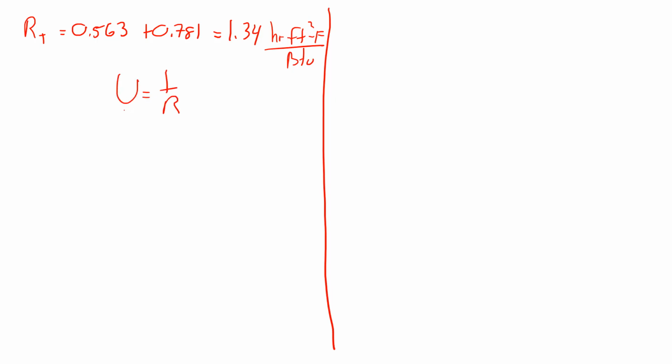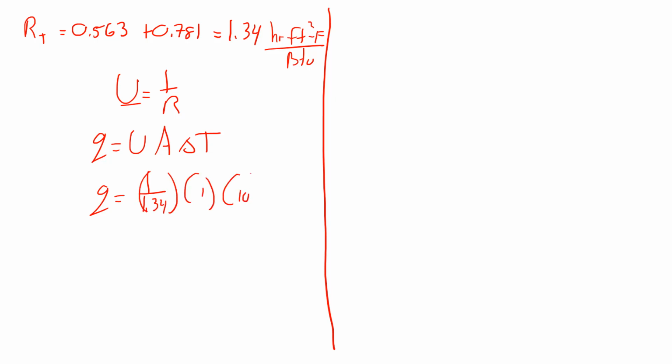I'm going to introduce a concept called overall heat transfer coefficient. It's equal to 1 over the resistance, where Q can equal UA delta T. So if U is 1 over the resistance, times the area, which it gives us per square foot, times 10 degrees difference, it gives us that our heat flux is going to be 7.4 BTU per hour per foot squared, right?